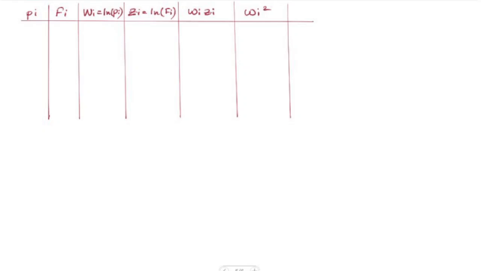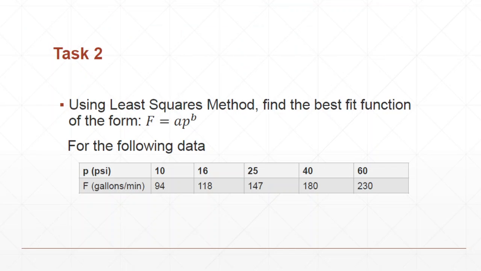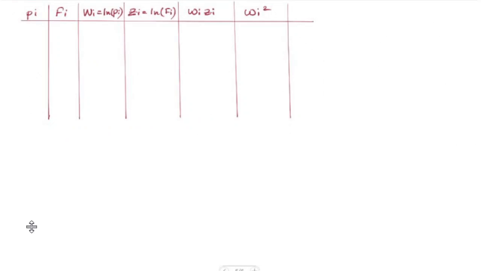We are already given the points in the question at the beginning. For p we have 10, 16, 25, 40 and 60, and for the flow rate we have 94, 118, 147, 180 and 230. So let's write them down first.